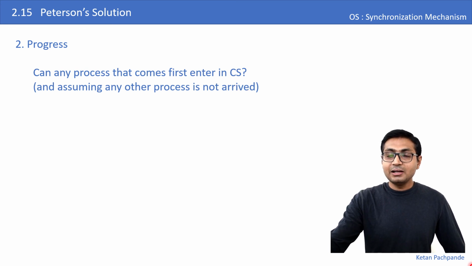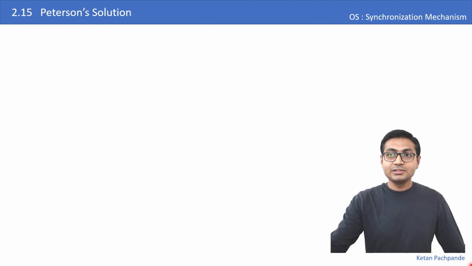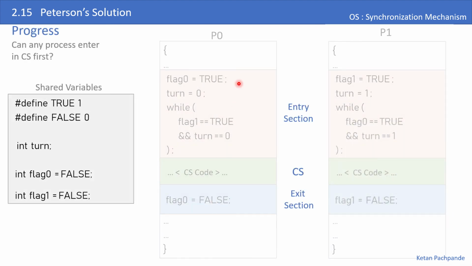So let me again take the same set of program for P0 and P1. Here are the shared variables. Turn is not initialized to any value, the initial value is garbage, you can assume. Flag 0 is equal to false and flag 1 is also false.